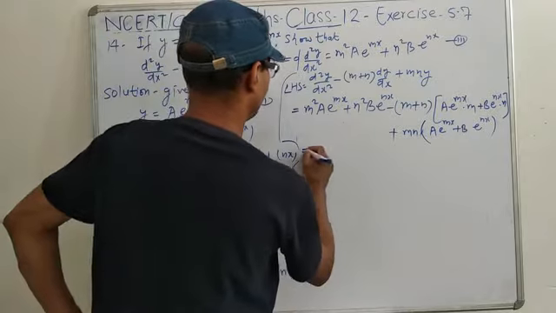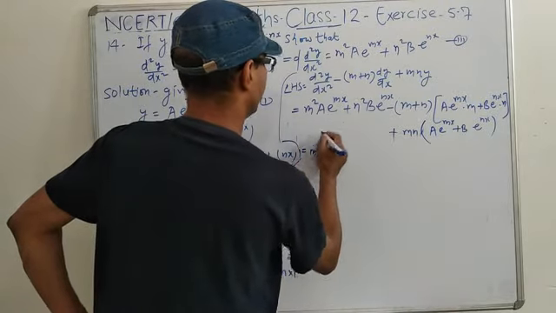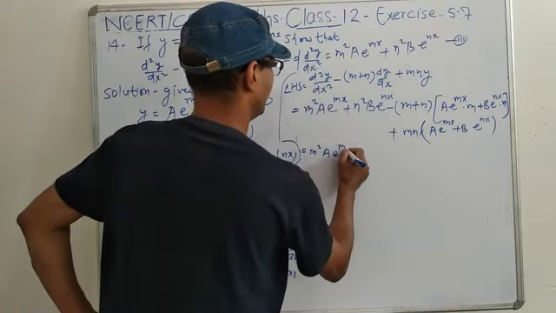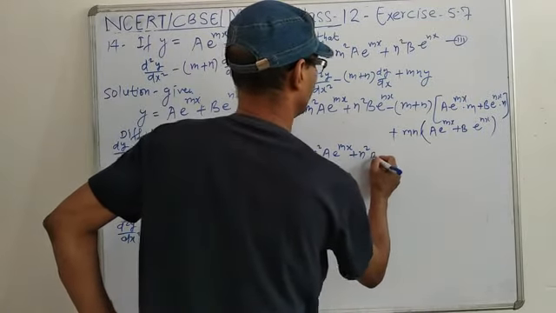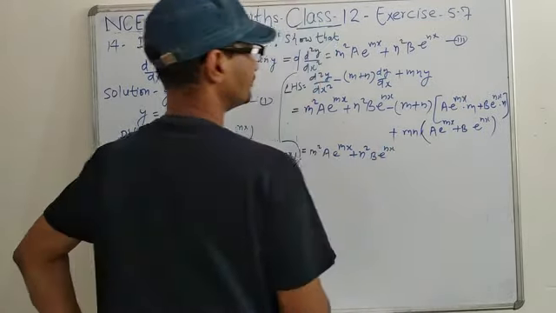So as it is, m square a e to the power mx plus n square b e to the power nx.